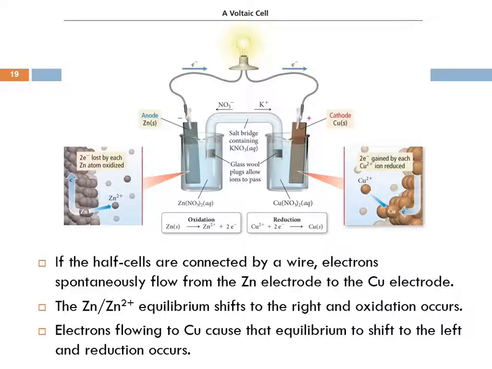So if there was no salt bridge here, the electric current would flow a tiny bit forward and stop. Because now we'd have too many negative charges over here, and nothing would happen anymore. So we have to allow a way for negative charge to return. And that happens through this salt bridge that we'll talk about in a minute.